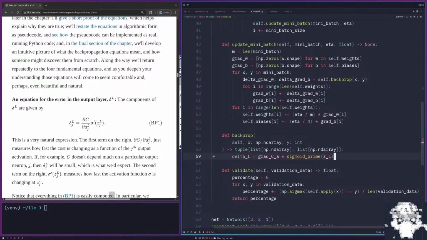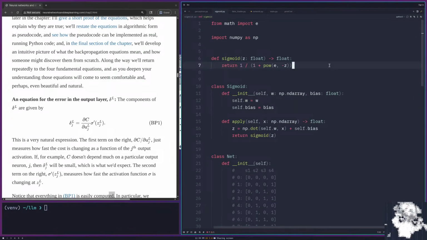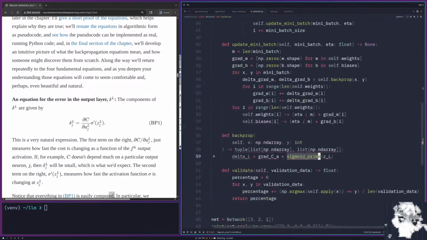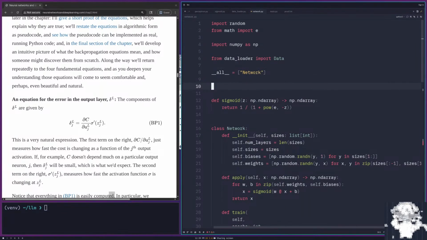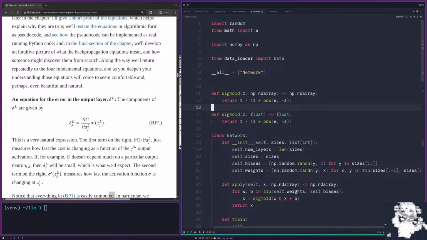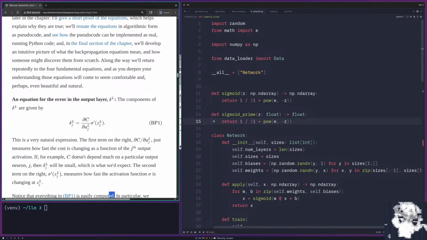Okay. Sigmoid prime. I might just have to look up. It's the derivative of, like, where's my sigmoid function? Sigmoid function is here. So let's add that over here. Oh, we've already got it. Let's add sigmoid prime. And I don't know how to do that. I just have to look that up.